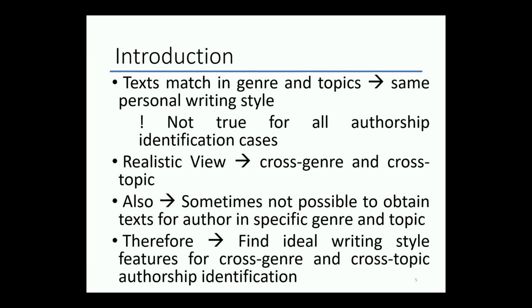Also, while you want to determine the author of an anonymous text, you might find that it's not possible to obtain text for that author in the specific genre or topic of the anonymous text. So you'll have to figure it out across a different genre and a different topic. Therefore, we have to find ideal writing style features that will help us determine authorship for cross-genre and cross-topic documents.